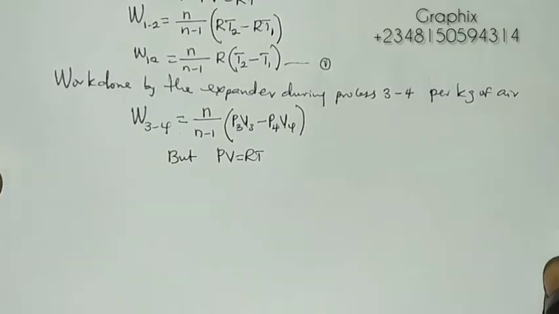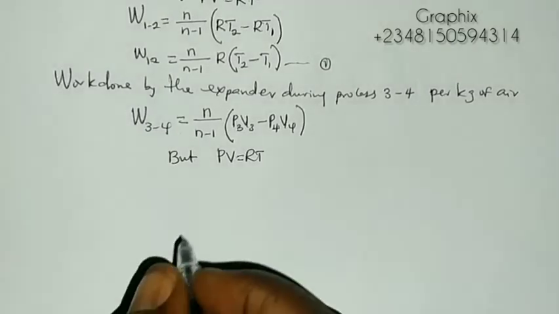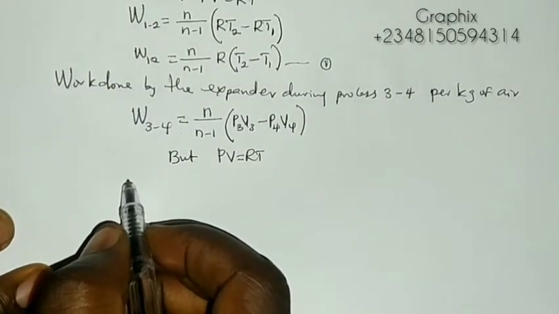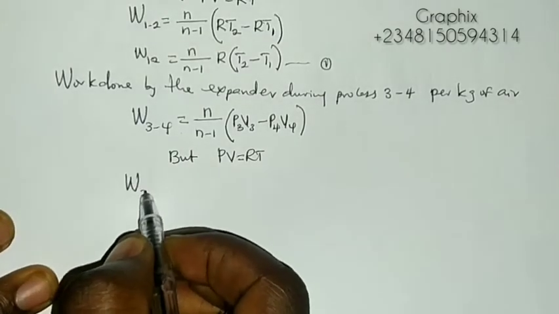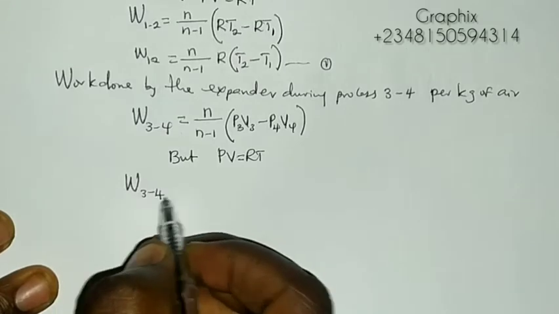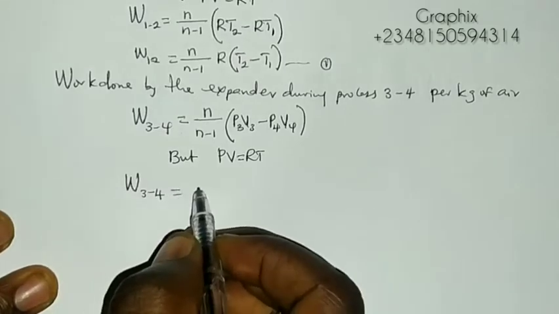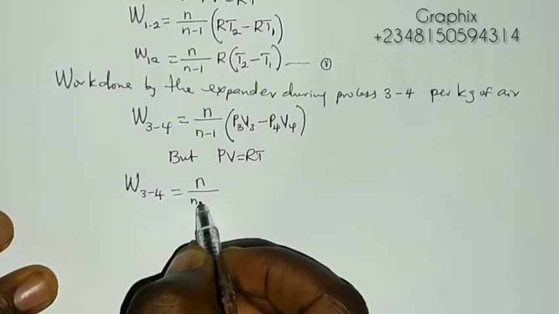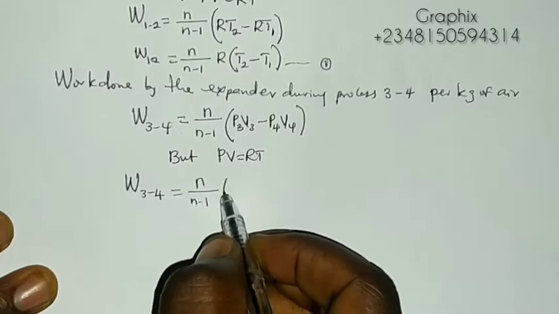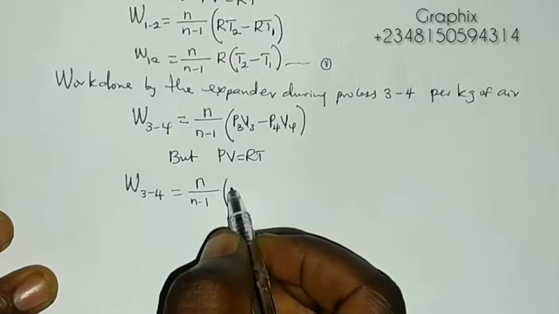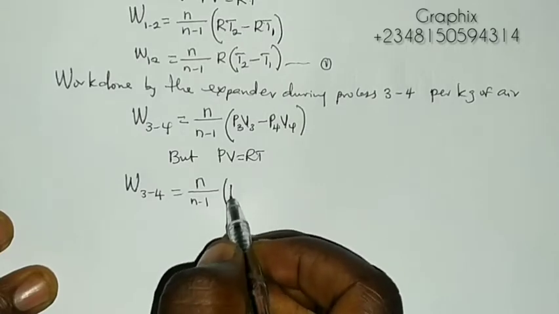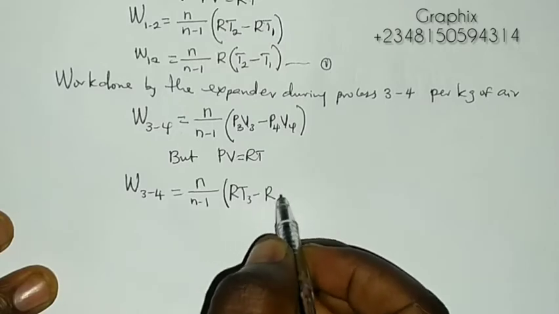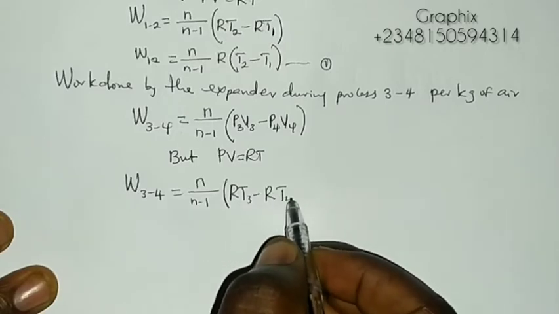RT. So from there we write this equation by saying that the work done by the expander is equal to n over n minus 1 into brackets RT3 minus RT4.